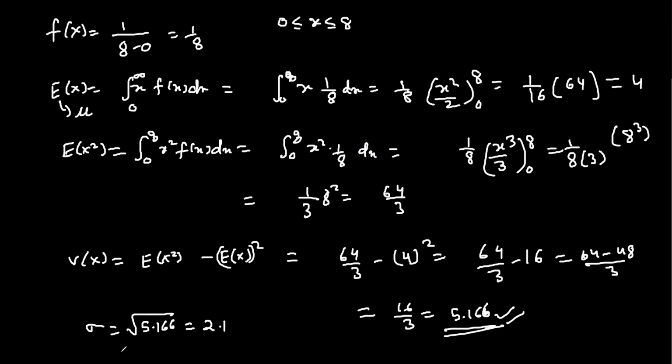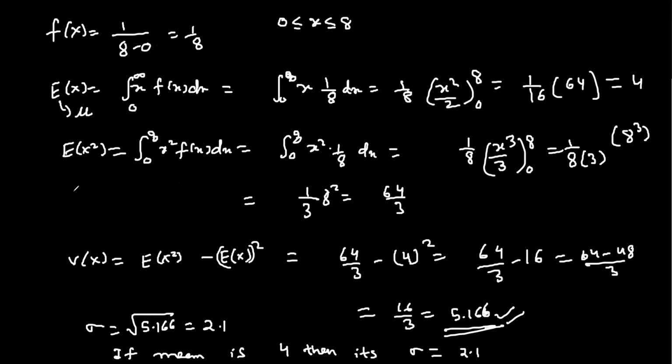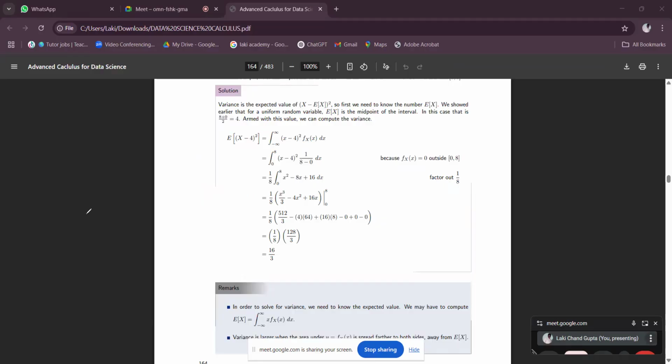It means that if mean is 4, then its standard deviation will be 2.1. Okay. For this PDF. Understood? Go through once.